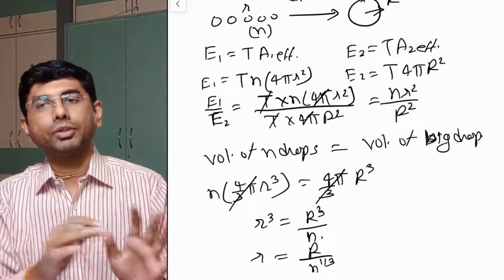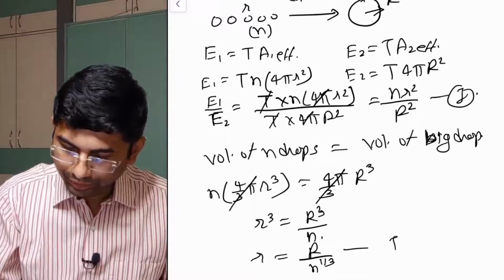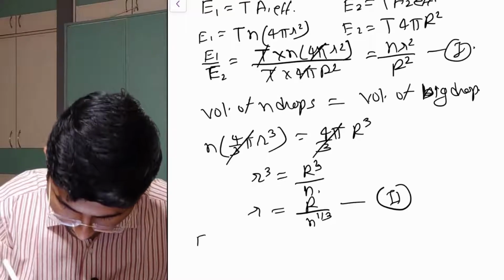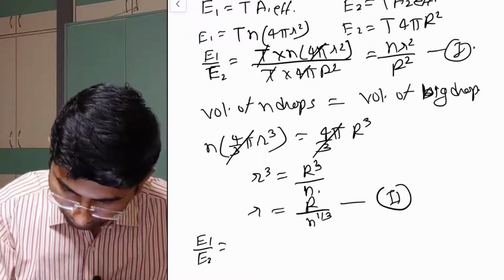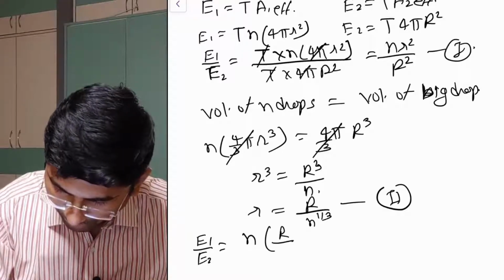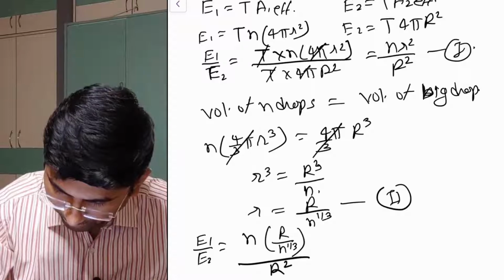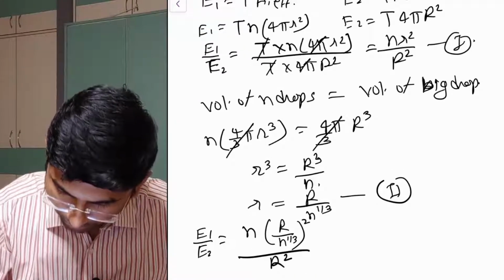Same relationship which we have already taken in the previous questions. This equation 1, I am just replacing with equation number 2. Therefore my equation E1 upon E2 is equal to n times capital R upon n to the power 1 by 3, upon R square. Now this also has a square.